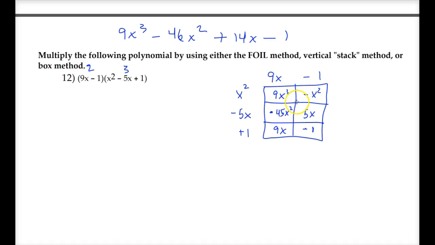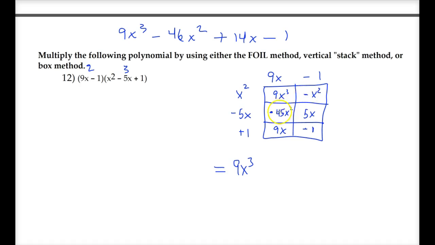So, of course, this ends up being a 9x cubed. It will be better off here. So this equals 9x cubed here.